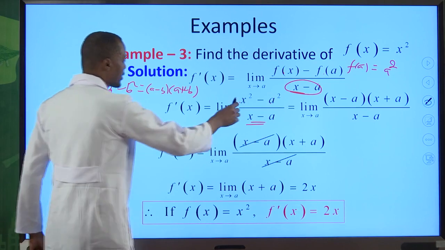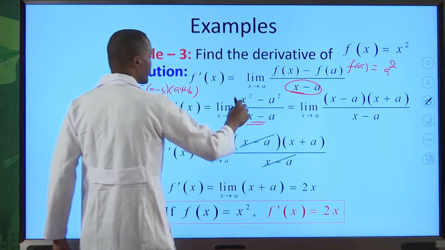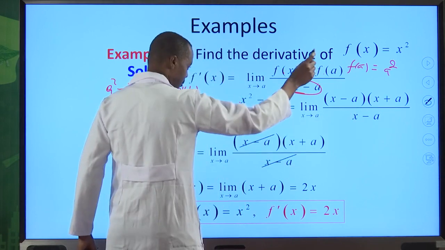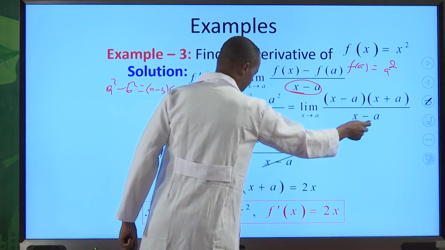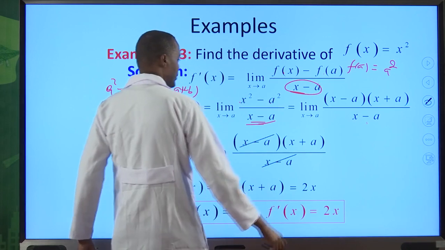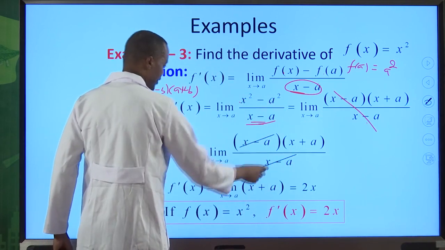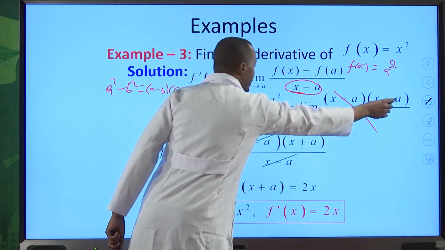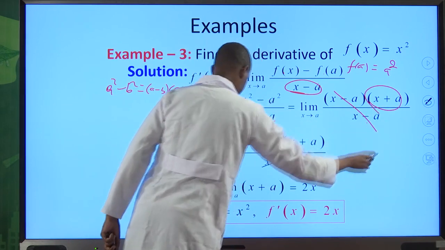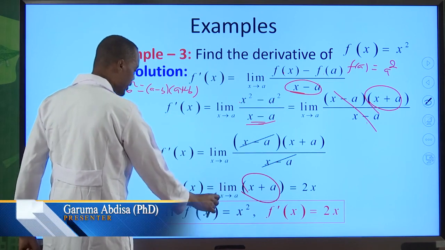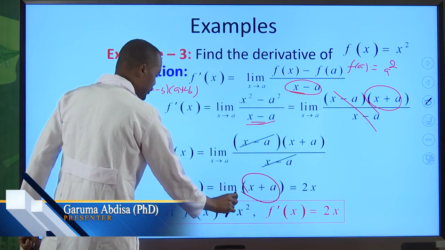In a similar way, x squared minus a squared can be written as x minus a into x plus a, divided by the already existing denominator here. But it happens that these two will be cancelled. I already did that. And then I'm left with only x plus a, this part. That is only this. So the limit of x plus a as x approaches a.